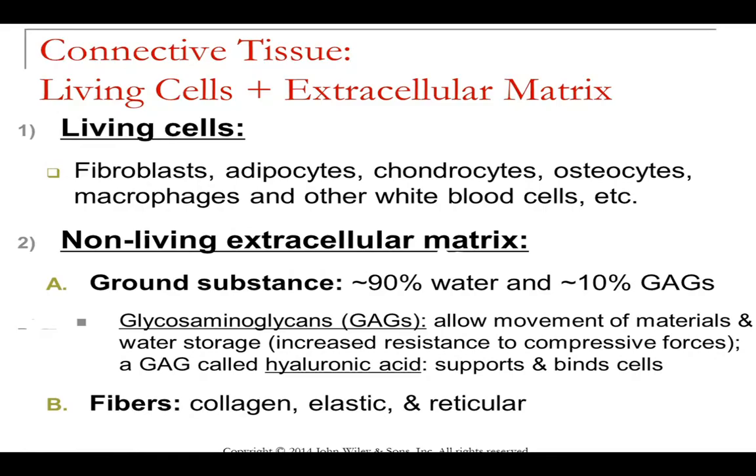And remember, ECM stands for extracellular matrix. Connective tissue, on the other hand, has little amounts of cells and an abundant amount of extracellular matrix. So, big difference when we're comparing and identifying these two major types of tissues.